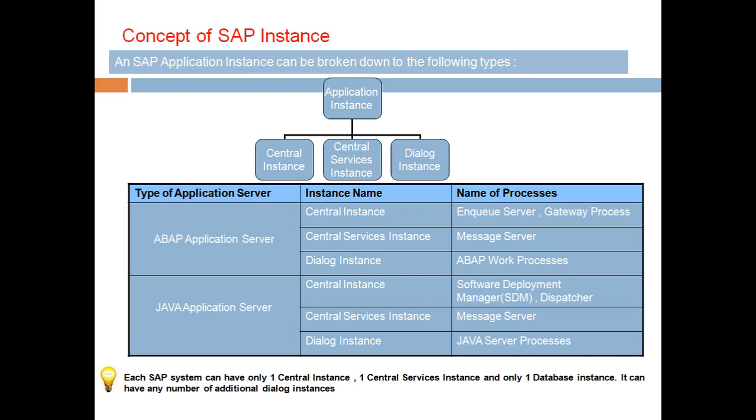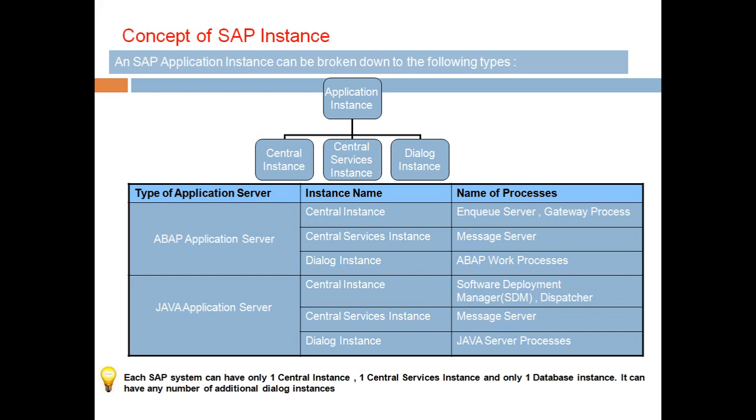And each instance can be distributed over multiple hardware units. Okay, so these units can be separate physical machines, or they could be logical or physical partitions within the same machine.